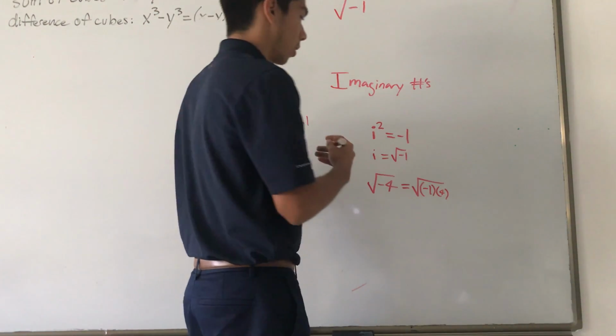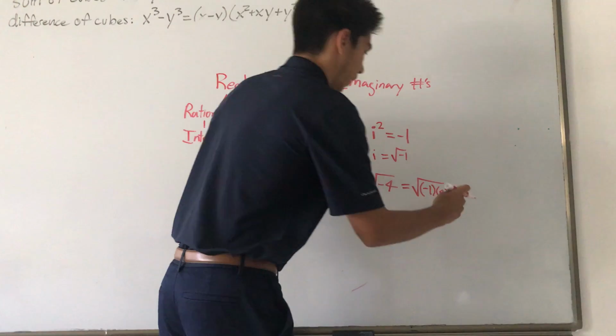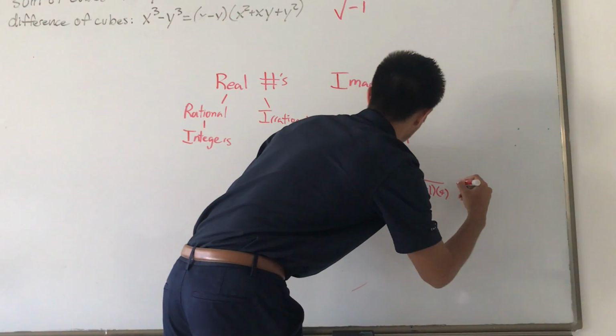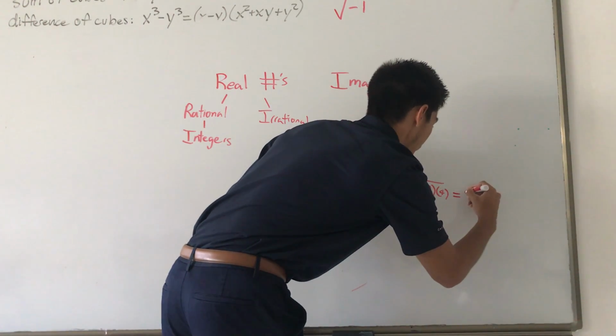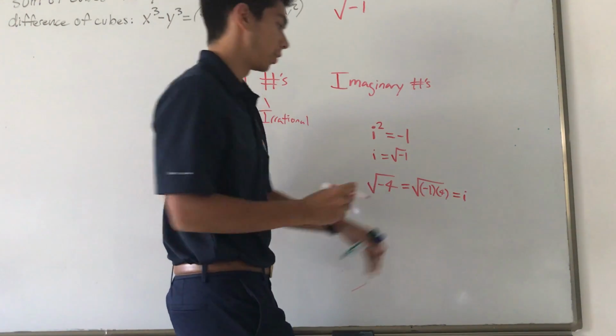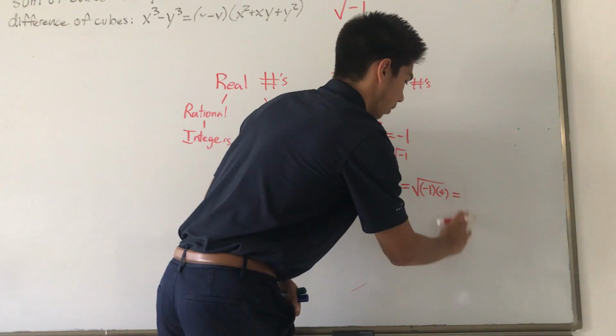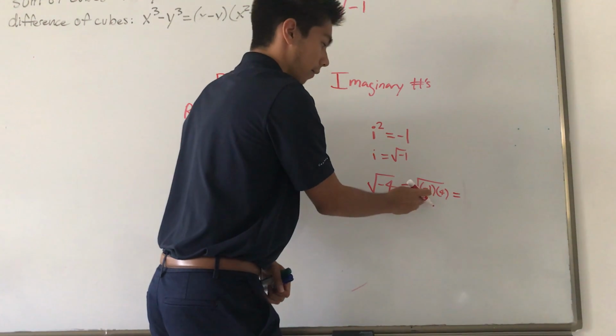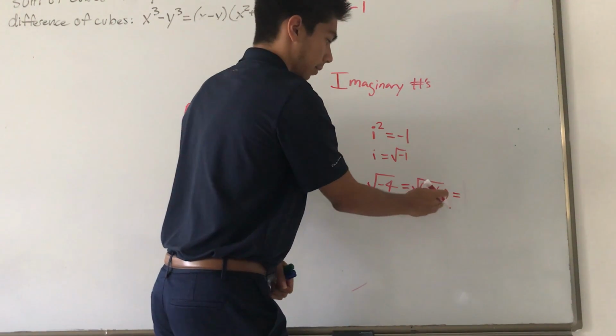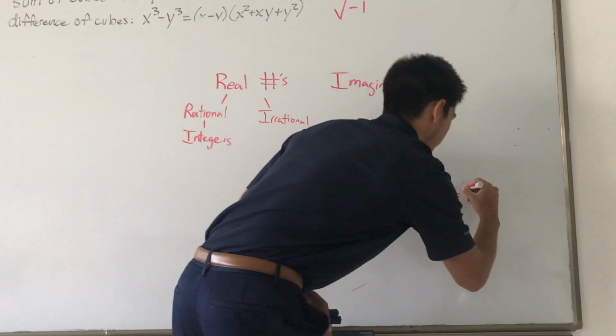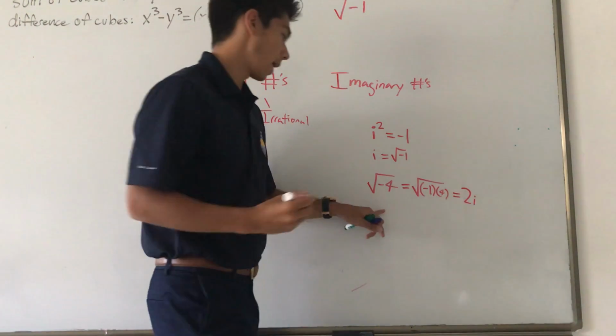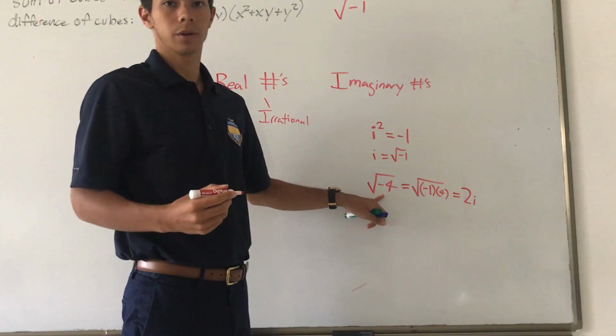The square root of -1 is just, in fact, i, and then the square root of 4 is 2, so I'm actually going to switch the order. So the square root of -1 is i, the square root of 4 is 2, so we end up with 2i. So 2i is actually the square root of -4.